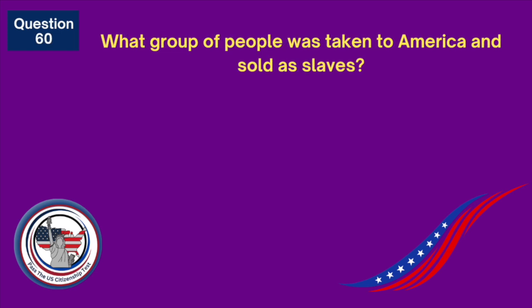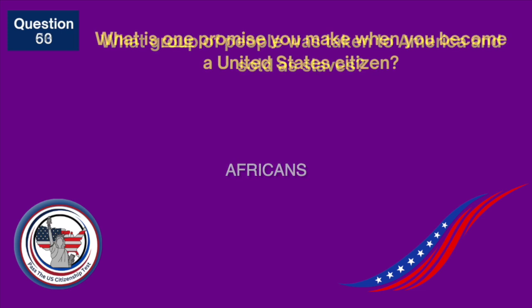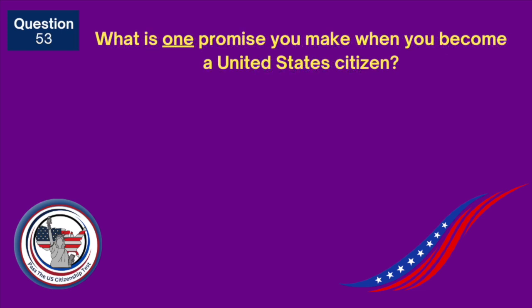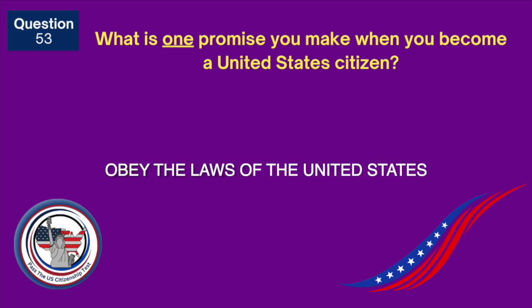What group of people was taken to America and sold as slaves? Africans. What is one promise you make when you become a United States citizen? Obey the laws of the United States.